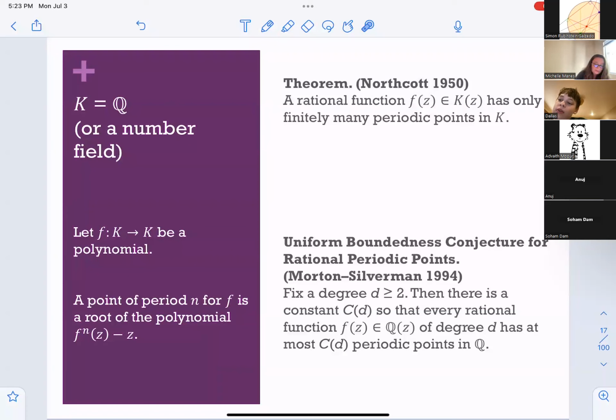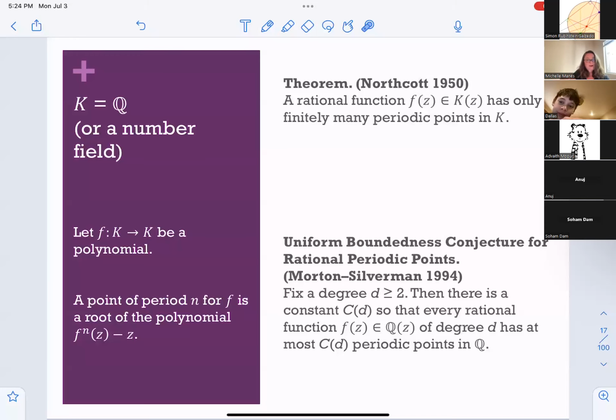So why is this so much harder than what Northcott proved? If you think about what Northcott proved, it is possible with Northcott's theorem that I could have a bunch of cubic polynomials where the first one had 2 periodic points, and the next one had 4, and the next one had 8, and the next one had 16, and the next one had 32, right?